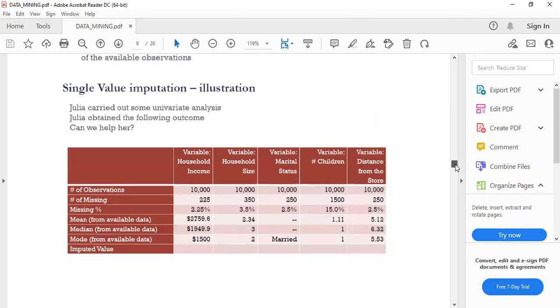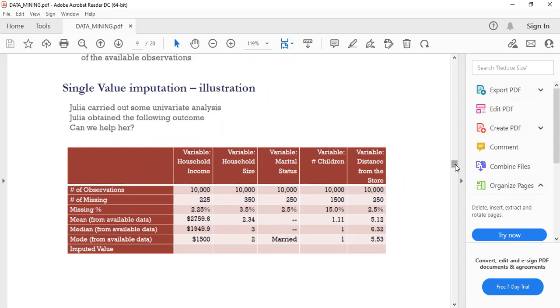And this is an illustration. Look at this part. I just carried out some univariate analysis and obtained the following outcome. This is the percent of observations. What are the variables? Household income, household size, marital status, children, number of children, and distance from the store.